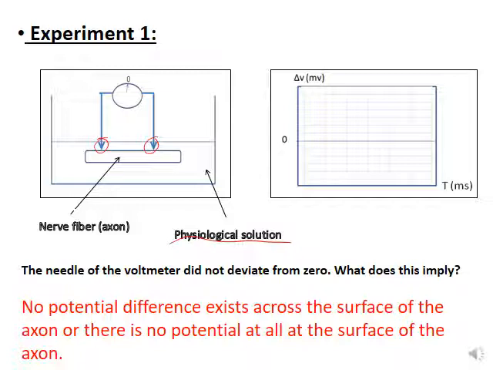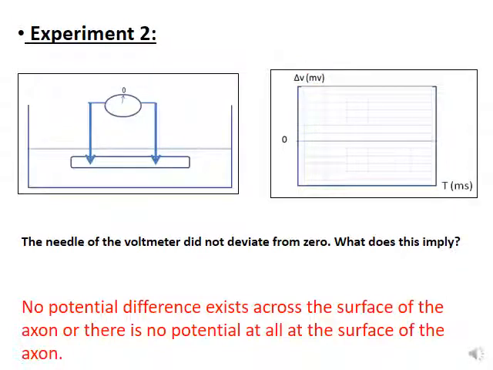The needle of the voltmeter didn't deviate from zero. What does this mean? This means that there is no potential difference, no delta V, across the surface of the axon.